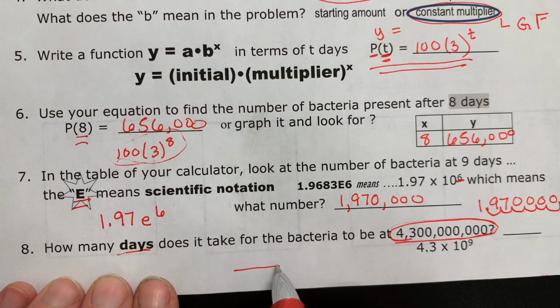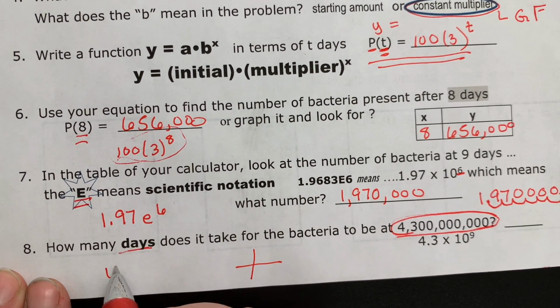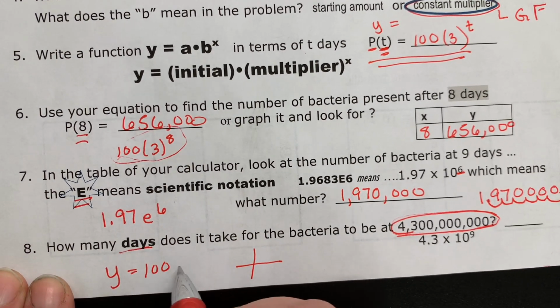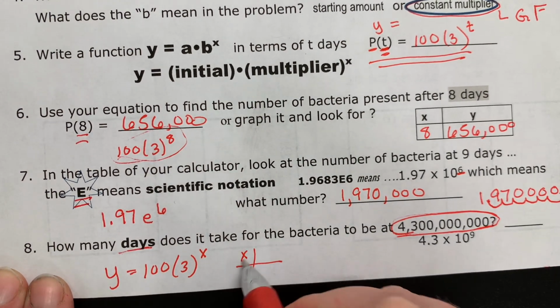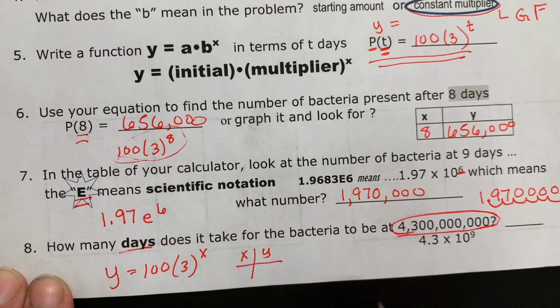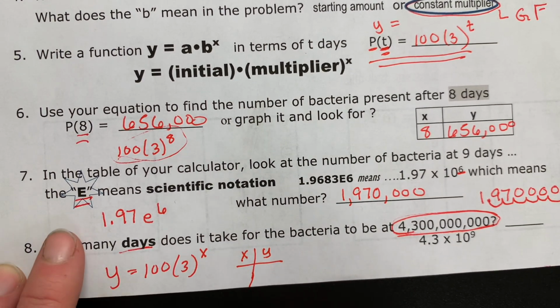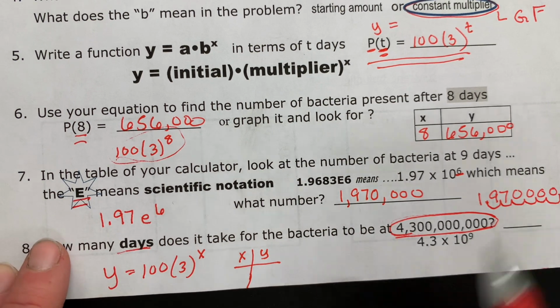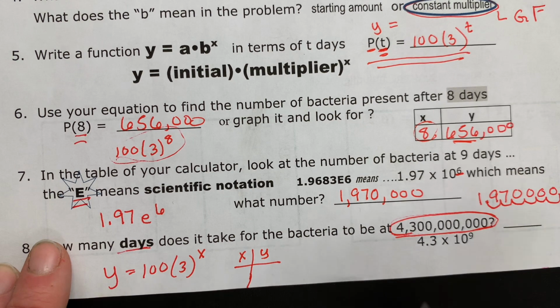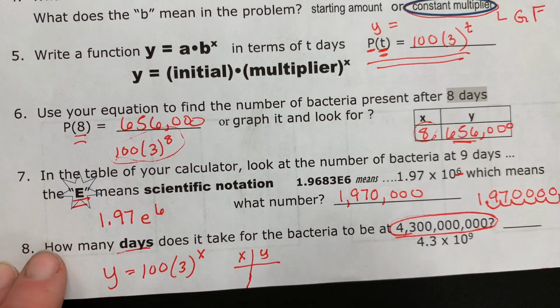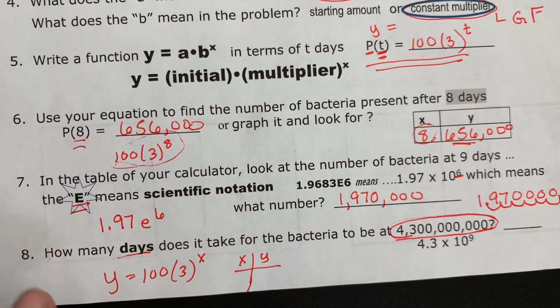So in your Desmos, you can type in your equation, which was y equals 100 times 3 to the power of x, and then you can pull up a table. Okay, and you can start to enter in numbers for x. Okay, we know that 8 was 600,000, so we know it's going to be bigger than 8. So start plugging in numbers and trying them. See what you get to.